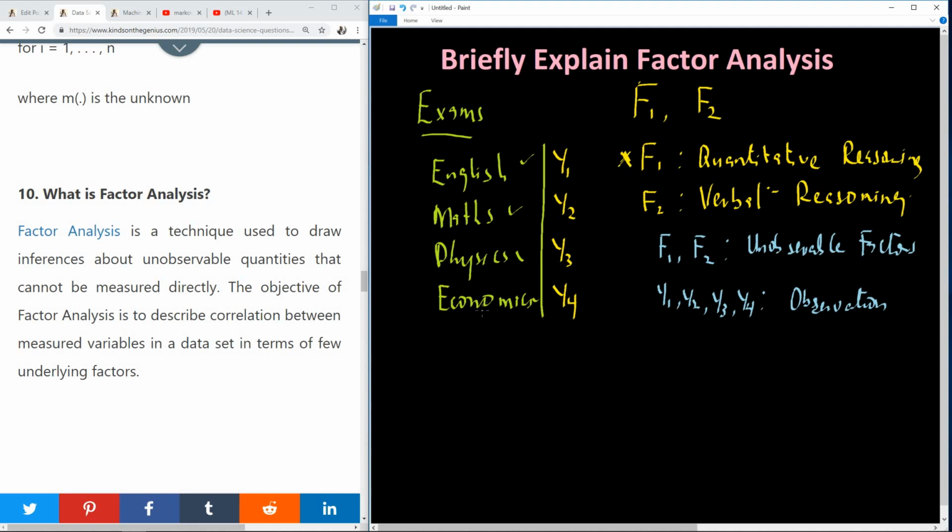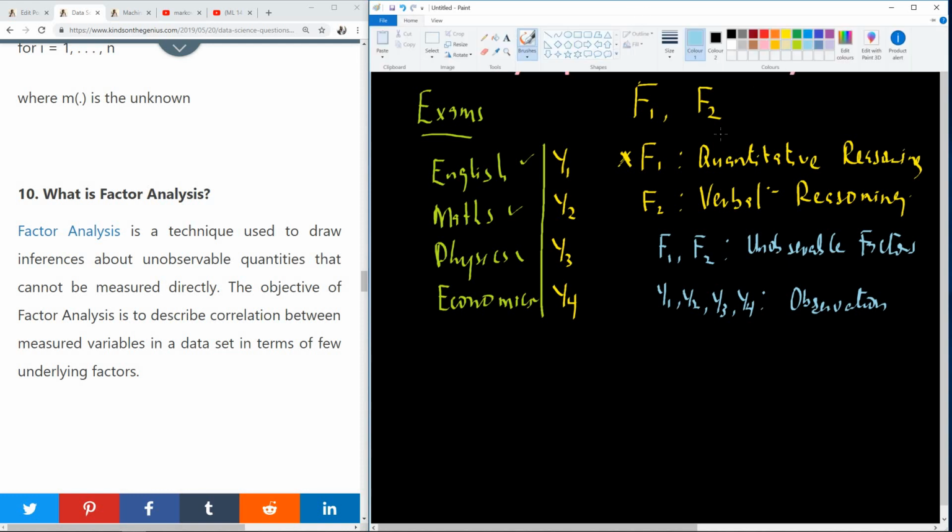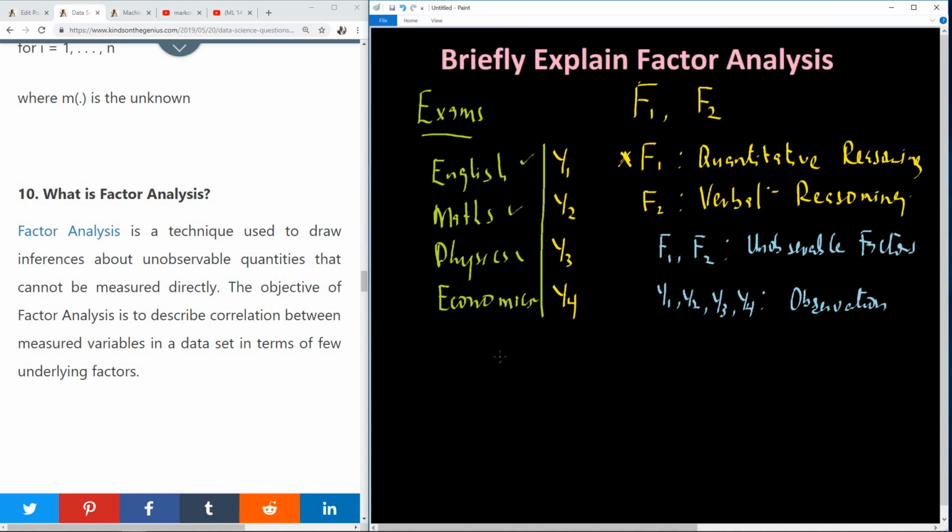One way to do it is to regress each of these variables on the factors. So we are simply going to do a regression, something like Y1 has something to do with F1 and F2. Maybe Y1 is 90% related to quantitative reasoning and 10% to verbal.